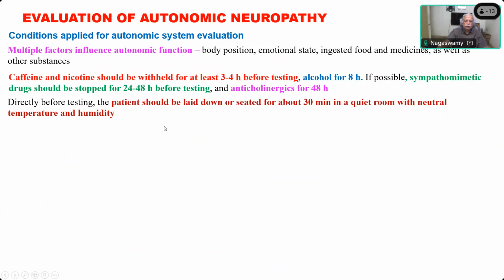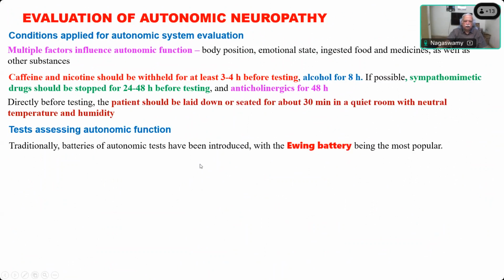And directly before testing, patients should be laid down or seated for about 30 minutes in a quiet room with neutral temperature and humidity so that they are not unnecessarily stimulated. After you fulfill all these conditions, testing autonomic function is traditionally done by what is called the Ewing battery of tests, which is more popular.